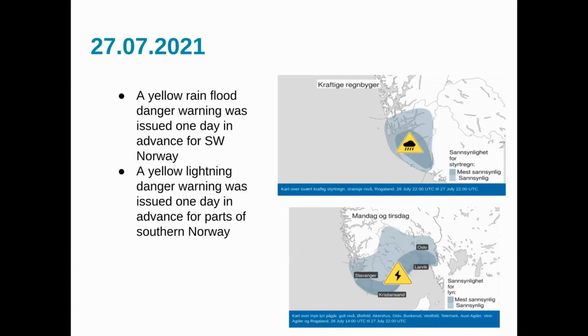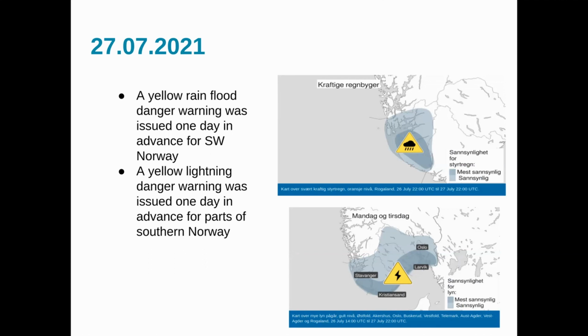So the day before, we issued both a lightning warning and a rain flood warning. You can see here the most probable areas are the darkest colors for heavy rain and for lightning.